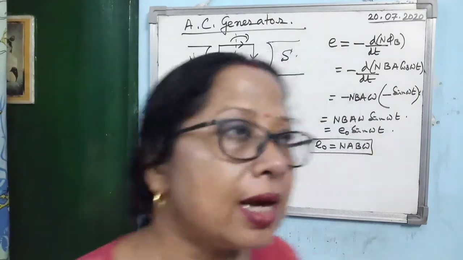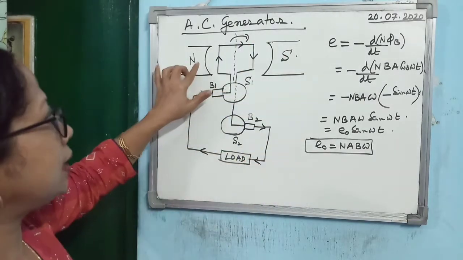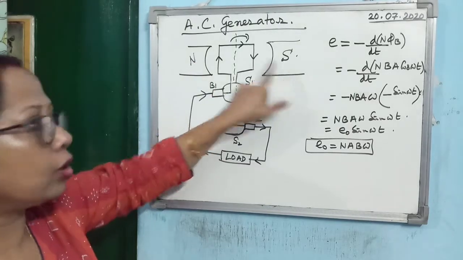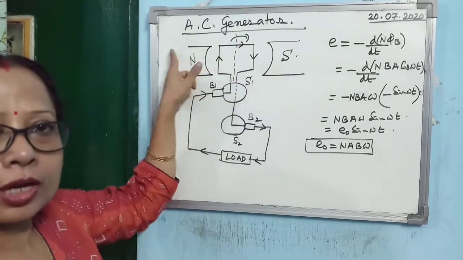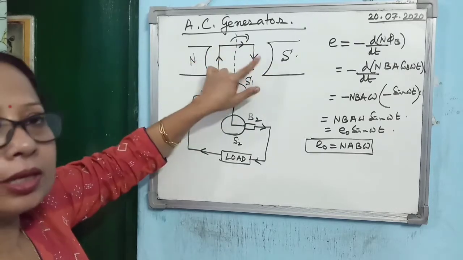And what is the structure? In the alternating current generator, there are two concave pole pieces of a permanent magnet, north and south pole, and within that there is a rectangular coil.